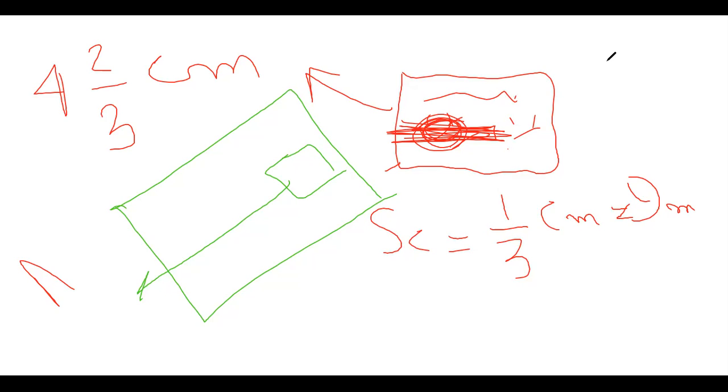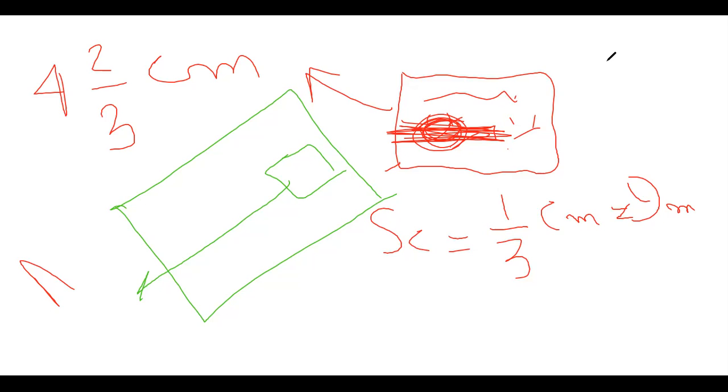The question asked for the length in meters of the hallway in the finished building. That is the key point. The question states that in a blueprint, 1 over 3 centimeters represents 9 meters in the finished building. The hallway shown on the blueprint is 4 and 2 by 3 centimeters long. Convert this to an improper fraction to make it easier to work with.